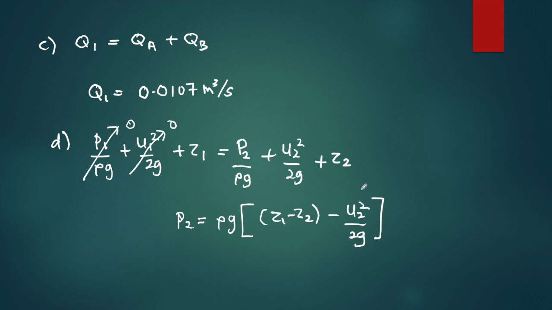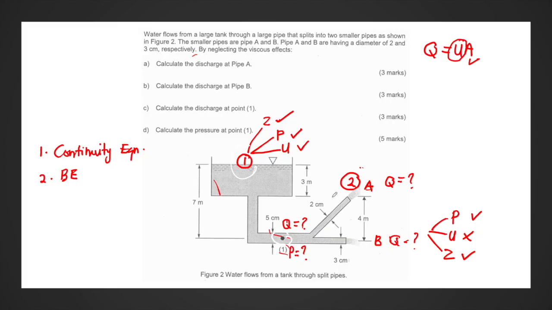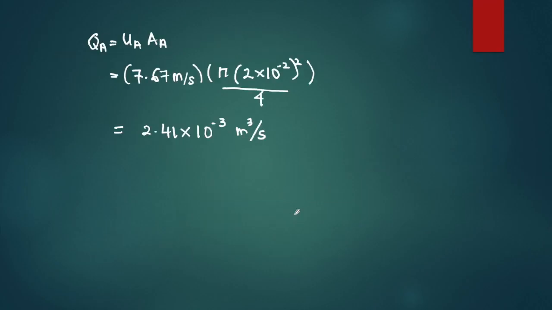Now we have to find the velocity at this point. To find the velocity, we have to apply the discharge equation. So Q2 equal to U2 A. Q2 is Q at 1, U at 1, A at 1.